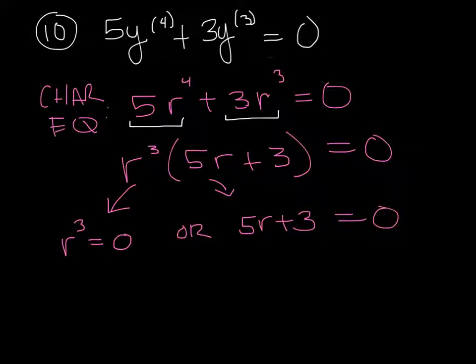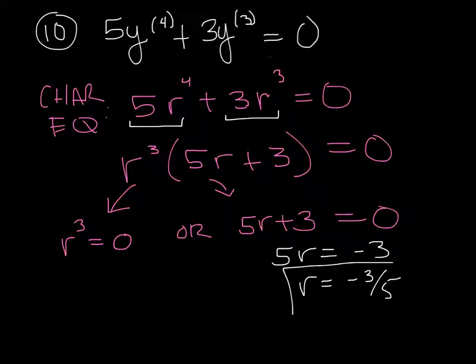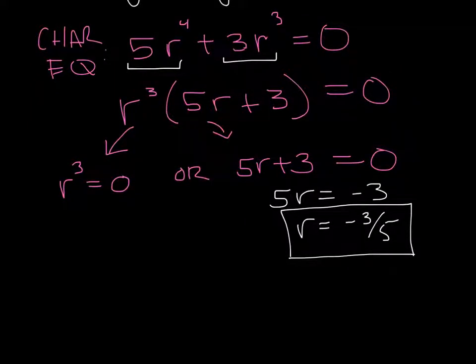Just solving these equations, r is going to be negative 3/5. Okay, so we did get a real root. Let's just write that down. This is a real root, no imaginary numbers.